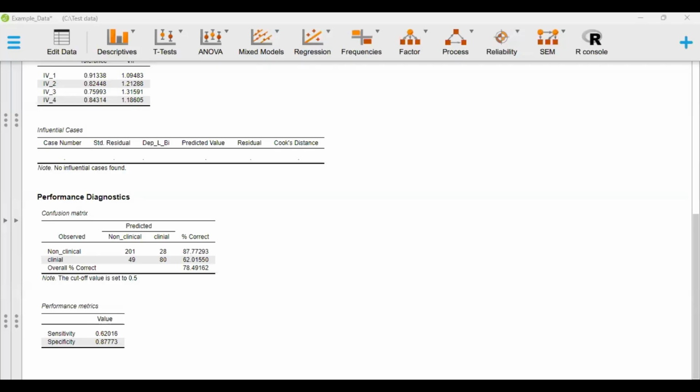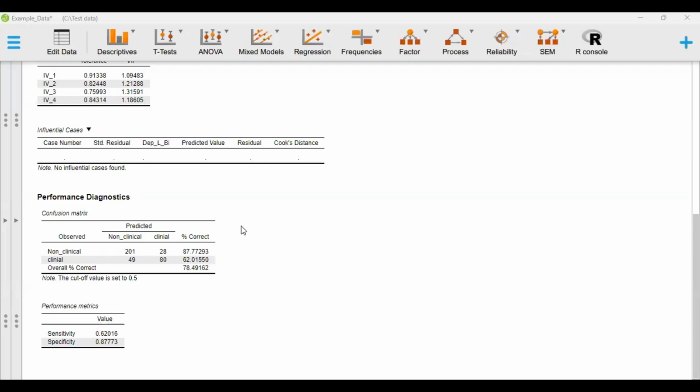The sensitivity value here, 62, means how accurately your model can detect true positive cases. So 62% of the participants were correctly detected to be in the clinical category, actually having clinical depression.